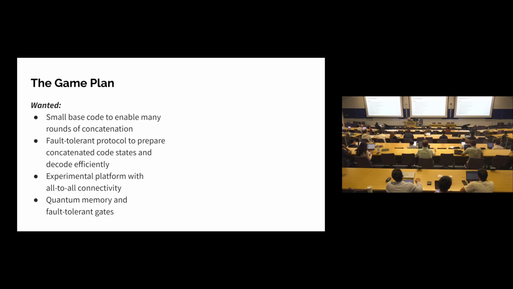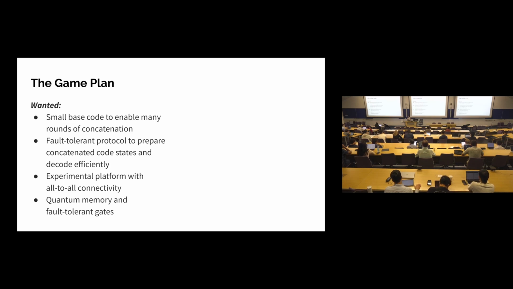So what do we want in order to be able to see a fault tolerance threshold with concatenated codes? There are a few things on our wish list. One would be that within this tree structure of building up the concatenated code, we have some small base code so that we can actually see on near-term hardware many generations of concatenation. We also want a protocol to prepare these states and decode them in an efficient and fault-tolerant manner.